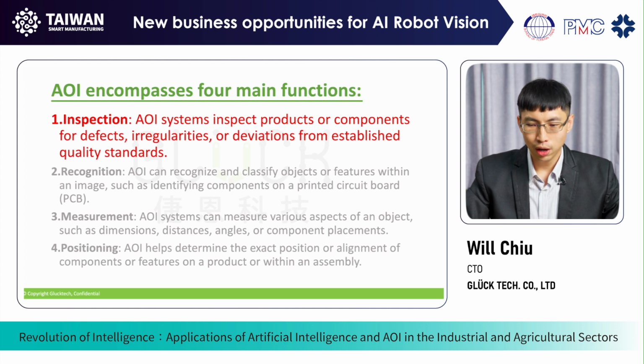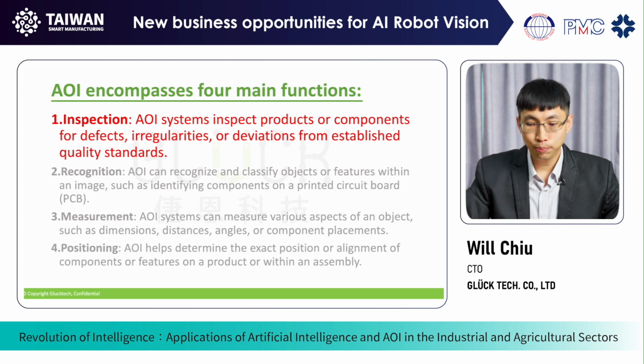These functions collectively enable AOI to provide comprehensive inspection and quality control solutions in various industries, including electronics manufacturing, automotive, and more. First, and most important function of AOI is inspection.